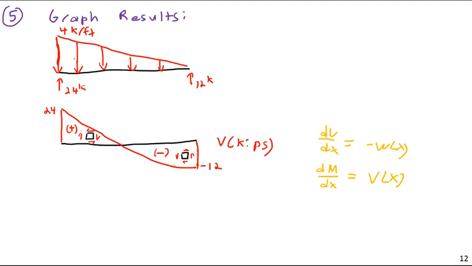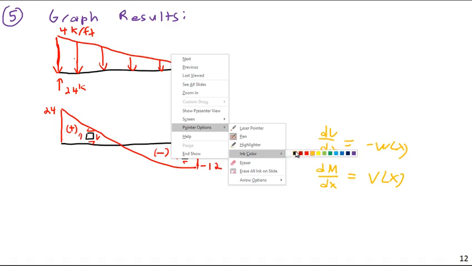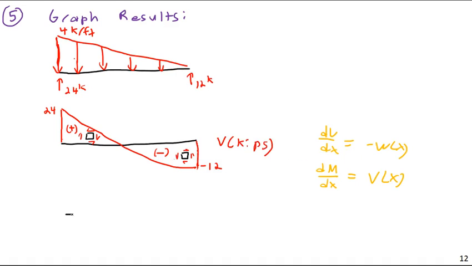The slope of this would be leveling off here. Well, again, the load function is the slope of our shear. So notice the distributed load w down here goes to 0. So the slope of this shear graph must be coming to 0. And then, since V of x is the slope of the moment graph, whenever my shear crosses 0, I must have a local maximum or a local minimum in my moment graph. Again, this is just a calculus thing.